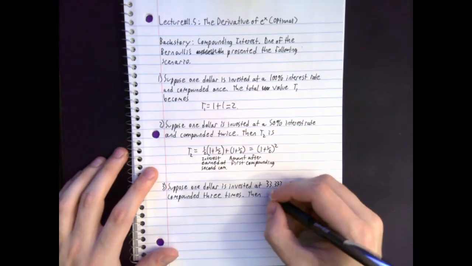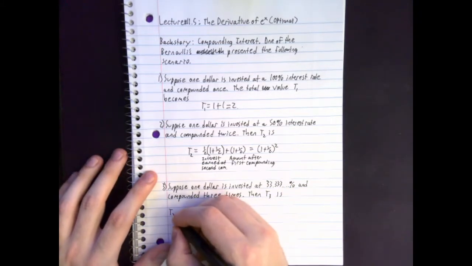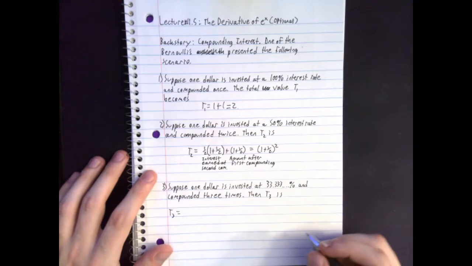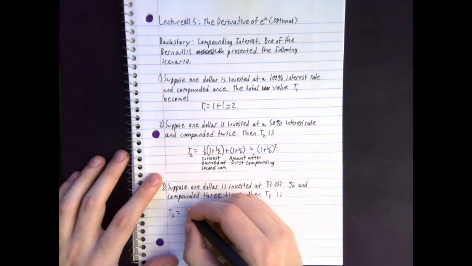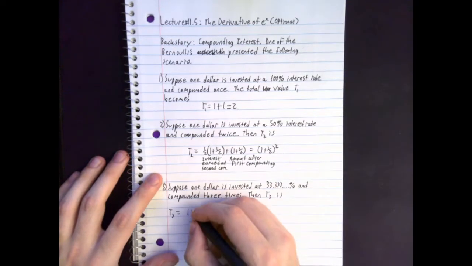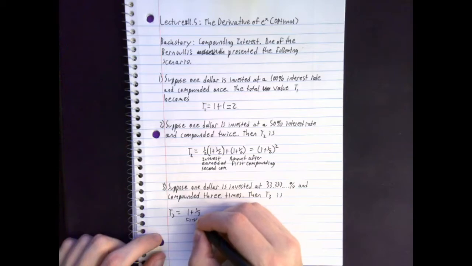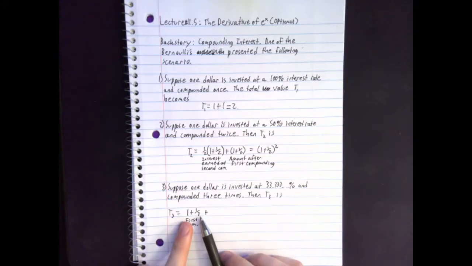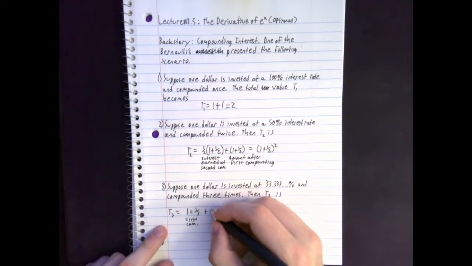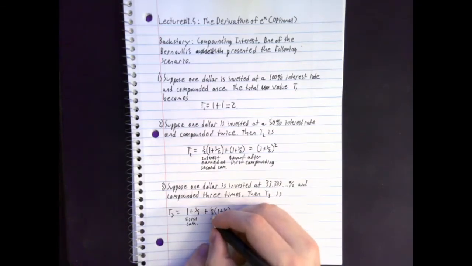Then T3 is, well, how do I compute that? It's going to be a little bit longer of a calculation, but we can do it. So I take my initial value, 1. I add 1/3 of it. So this is the first compounding. And then I'm going to add 1/3 of this amount. This is the second compounding.